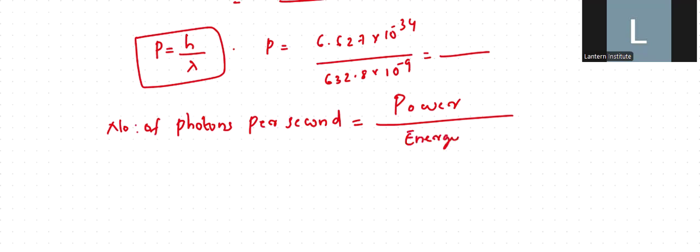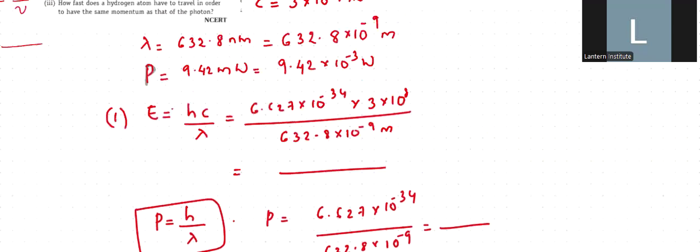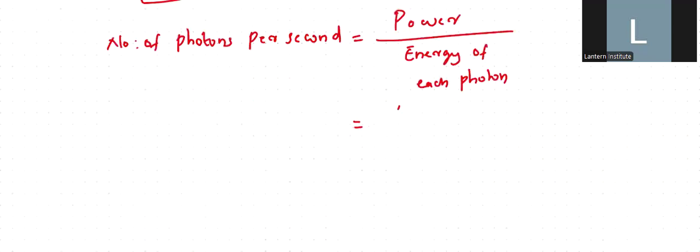So you can substitute the values. The power they have given is 9.42 milliwatt, that is 9.42 into 10 to the power minus 3 watt, divided by the energy of each photon, which is 3.14 into 10 raised to minus 19.